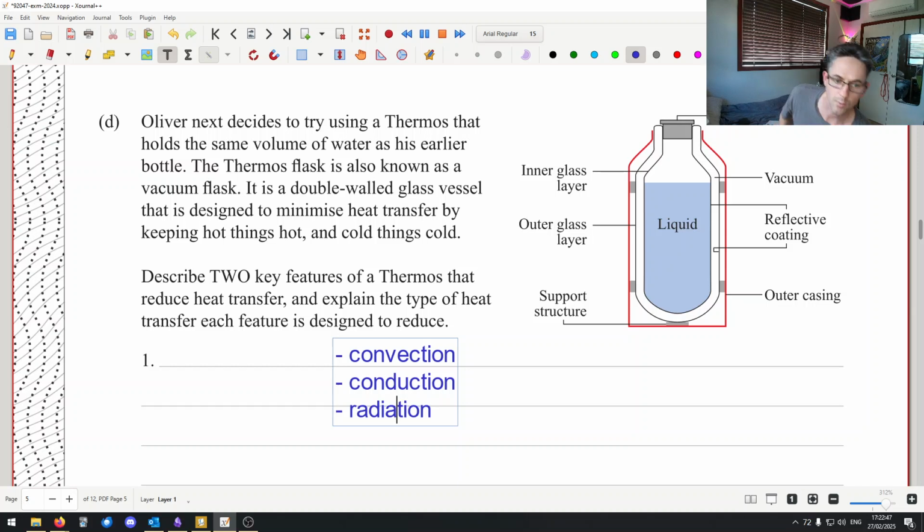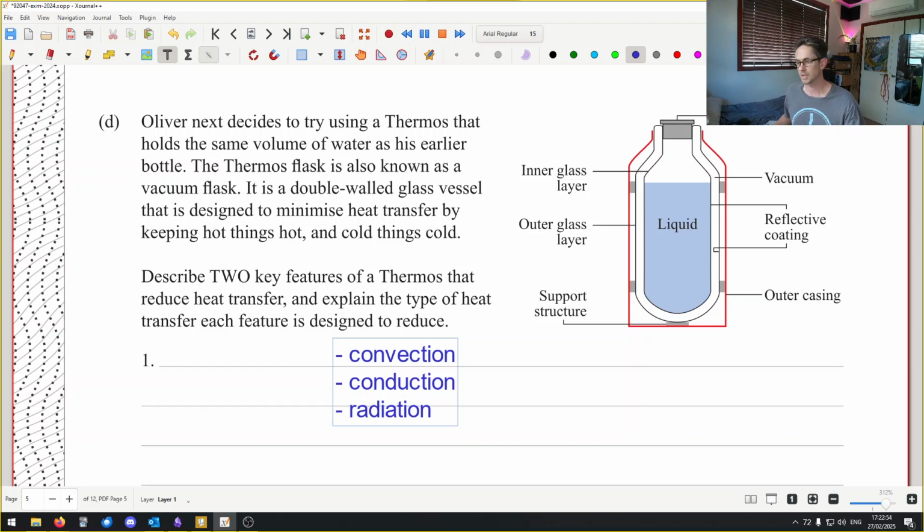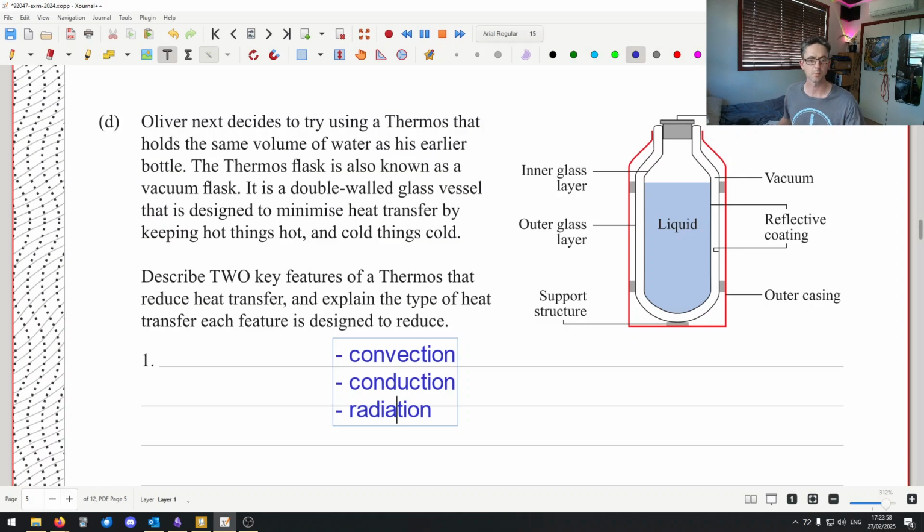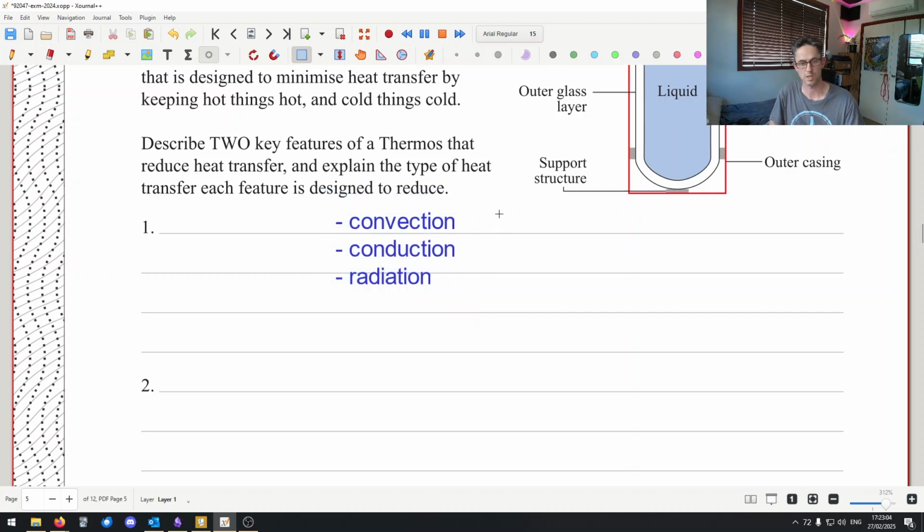So in this case, we've got those three different types of heat dissipation that we could go for, and there are actually plenty of examples you can use from the bottle. The examples that they've given in the answer schedule, you can make a choice from.